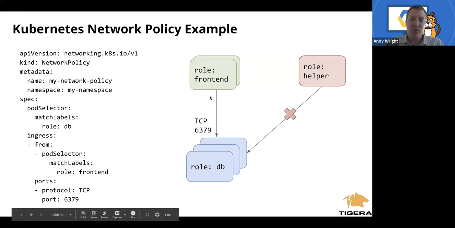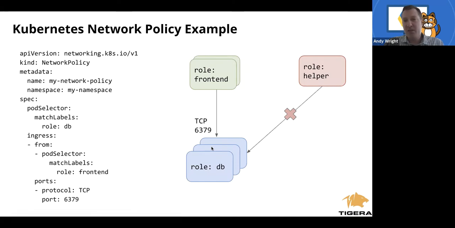So that connection would be allowed. Now, because we haven't explicitly allowed an ingress from role equals helper, these connections would be denied every time they were attempted. And so this is the concept of establishing least privilege within the security posture.